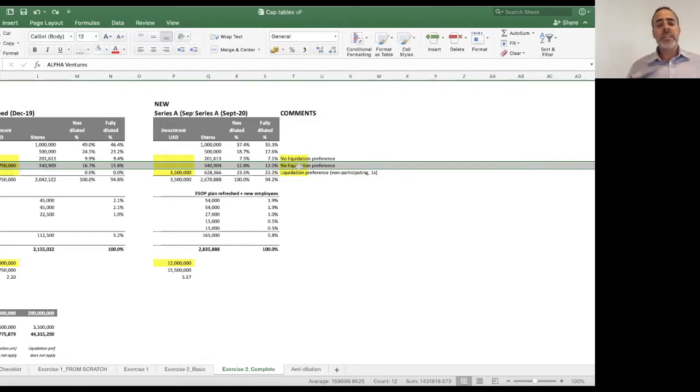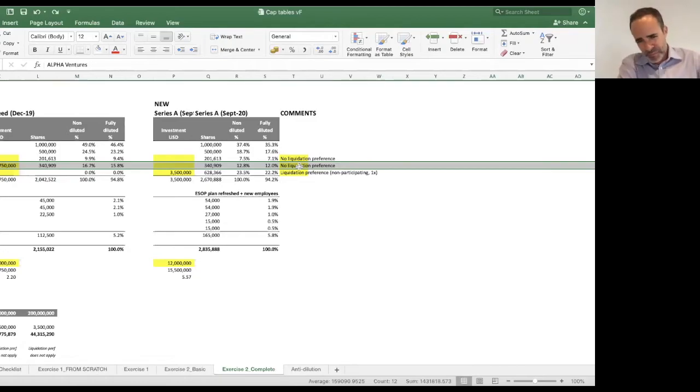What it means is that, hey, I invest 1 million at a 10 million valuation, which means I'm getting 10% of the company. But what happens if you sell the business for 5 million, because things don't go well? Well, in that case, I will want a liquidation preference of 1 times my investment. That's the standard.